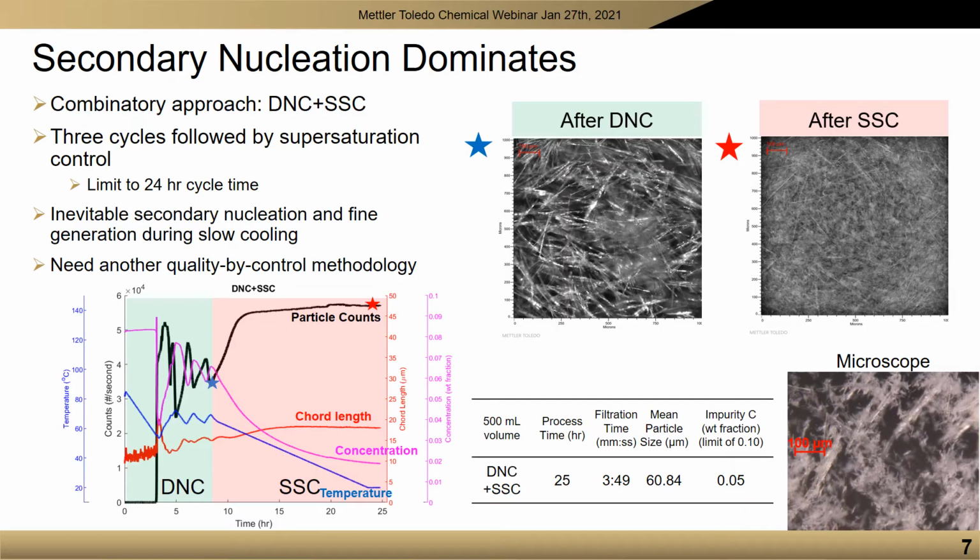In the microscopic image, fine particles are attached to the large seed crystals from DNC, indicating that this system is a nucleation-dominated system. Thus, thermal cycling is the best methodology to tackle this problem. It's also worth noting that this experiment did improve the filtration and mean particle size from the original recipe.